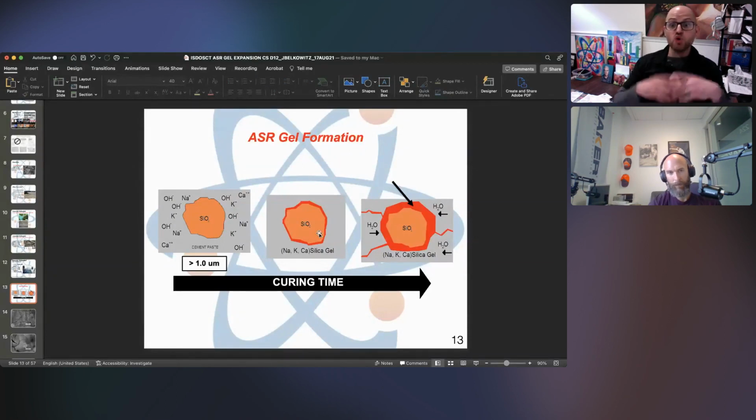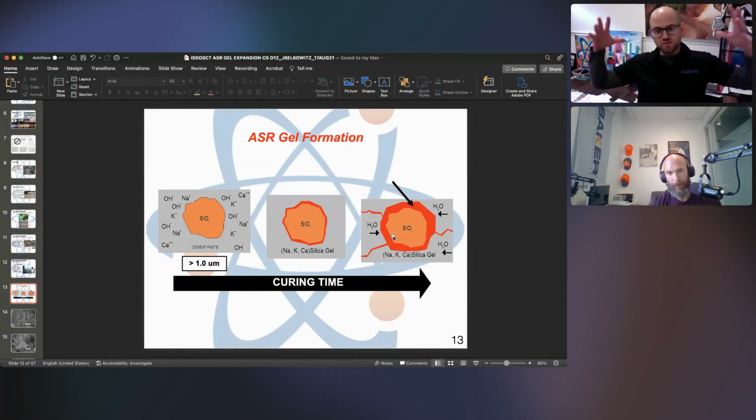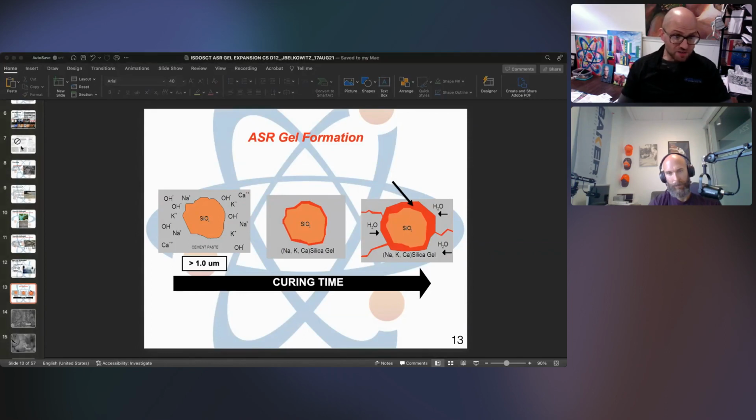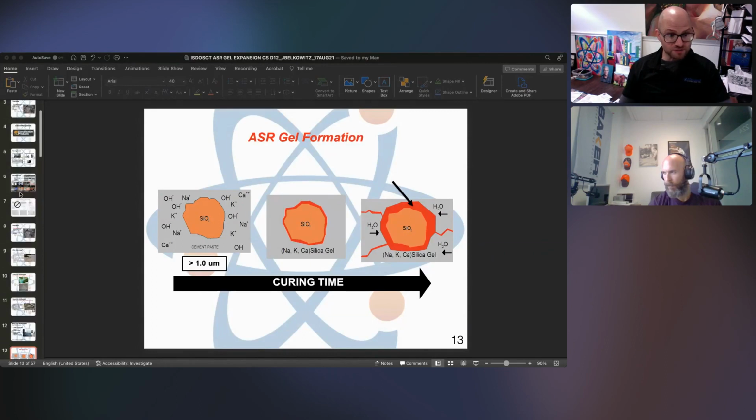And it ends up cracking the concrete from within. Once that cracking starts, you have this influx, in this third picture, of water and more salts, and then it's just a vicious cycle where the ring of gel and more gel keeps cracking. And scary enough, this can happen within 20 years. It can also happen within 24 hours.